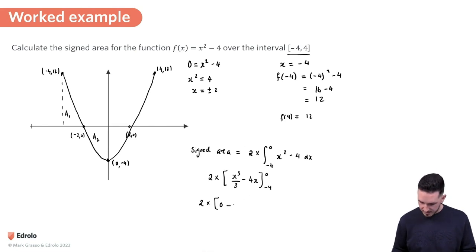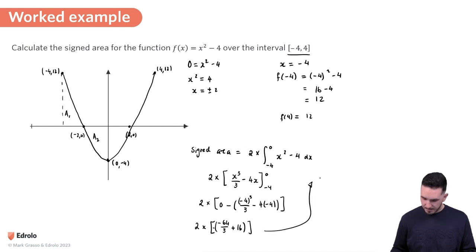Then minus, now we're going to substitute -4. So (-4) cubed on 3 minus 4 times -4. So this becomes 2 times, -4 cubed is -64, so -64 on 3, or minus all of that, then plus 16.